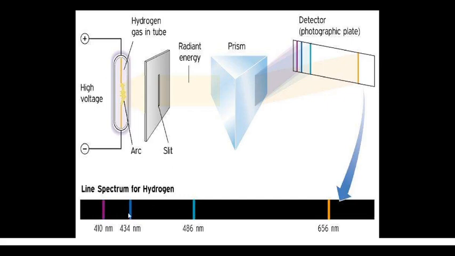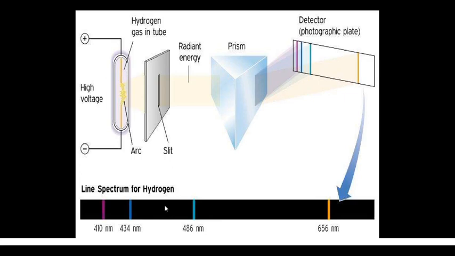The line spectrum of hydrogen contains several spectral lines having particular wavelengths. Here the distribution is shown in terms of wavelength: 410 nanometer, 434 nanometer, 486 nanometer. This is the wavelength of the light given by hydrogen.